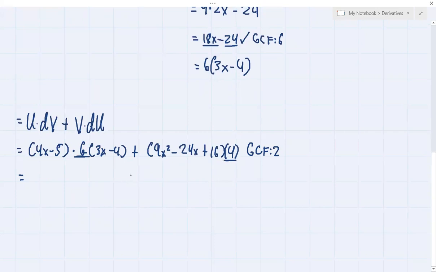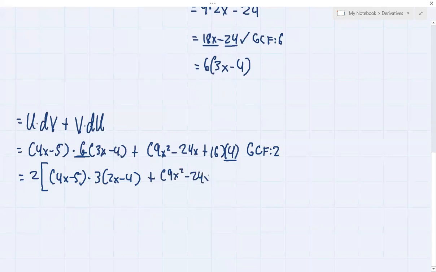The greatest common factor of the first term and the second term is 2. Why? Because we have 6 and 4, and both are divisible by 2. So we can factor it out by factoring 2. So we have 2 times quantity 4x minus 5 times 3 times quantity 2x minus 4 plus 9x squared minus 24x plus 16 times 2.